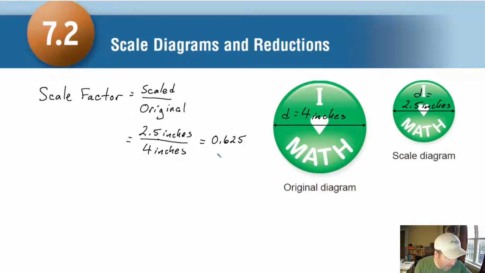If we were to look at using that scale factor, just remember we're going from the original to the scale diagram. If I took a feature of the original, I'm going to take the letter I. On my diagram, the letter I is, actually I'll measure it in centimeters.